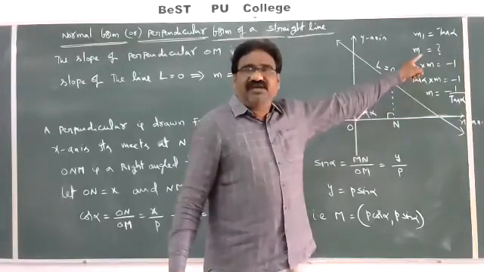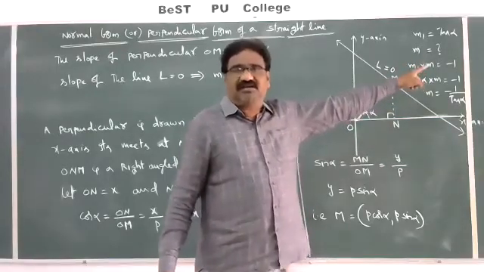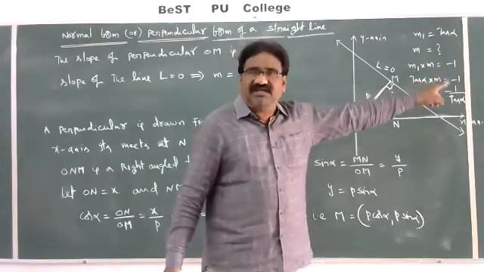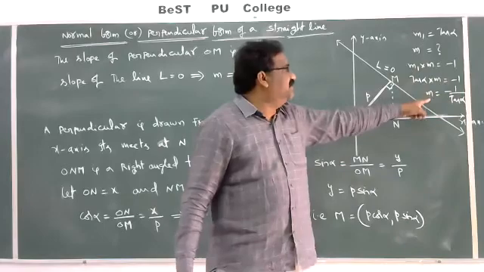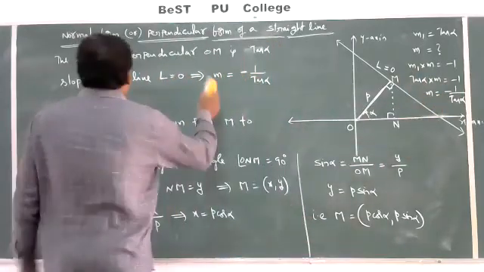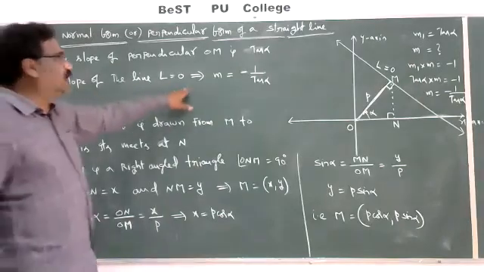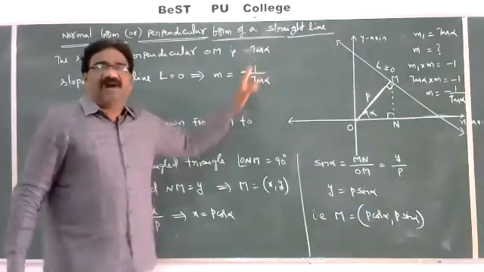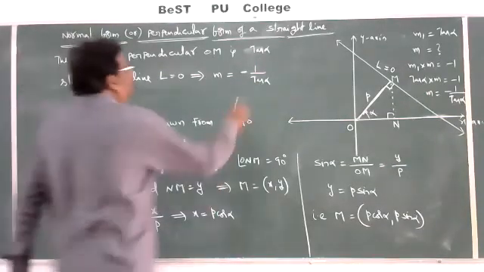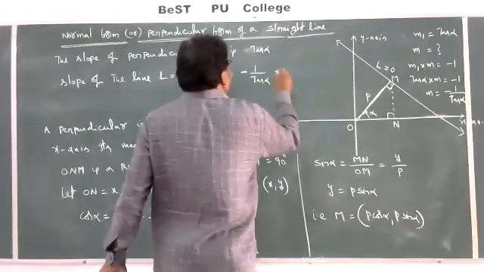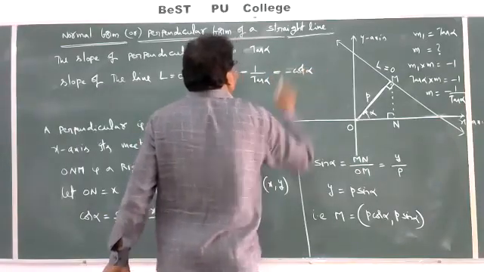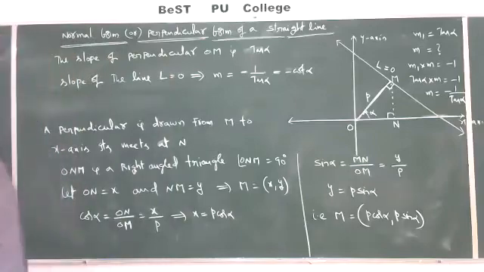That's why m1 into m is equal to -1. So m1 is tan alpha into m is equal to -1. From this you get m is equal to -1 by tan alpha. That means slope of the line L is equal to 0 is equal to -1 by tan alpha. -1 by tan alpha means minus cot alpha. 1 by tan alpha is nothing but cot alpha, so minus cot alpha.